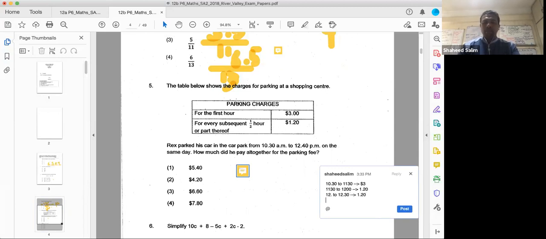Now the next one is 12:30 to 12:40. Even though it's 10 minutes, you still have to pay $1.20. So you got 120, 120, 120, 360. 360 plus $3 is $6.60. So 660 is the answer. That's the answer for question number 3.